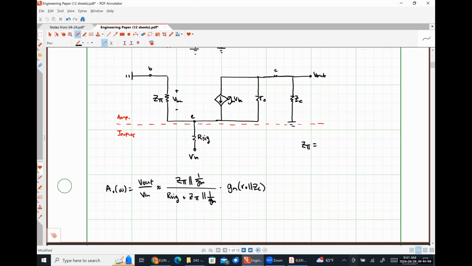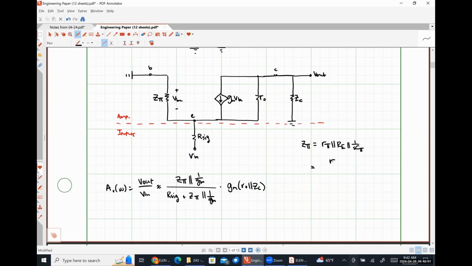Z pi is nothing more than R pi in parallel with RE in parallel with 1 over S C pi, which is just R pi in parallel with RE divided by 1 plus S times R pi in parallel with RE times C pi.